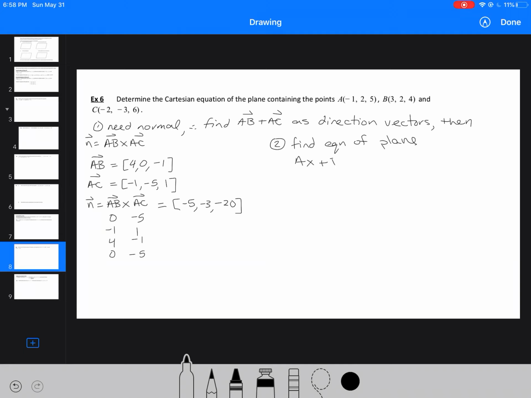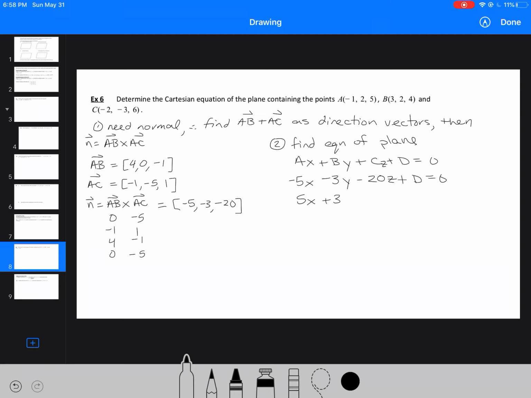And I'm going to start with this format because I have the normal: Ax plus By plus Cz plus D equals 0. I'm going to substitute in my normal for A, B, and C. Then, as the same thing that I did in example 5, I'm just going to make that first coefficient positive.